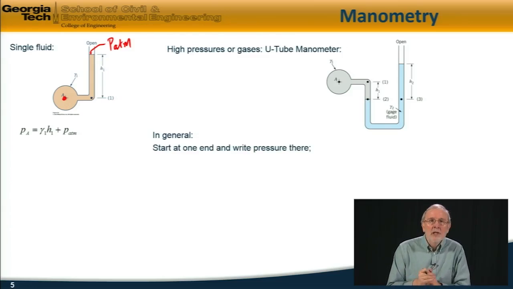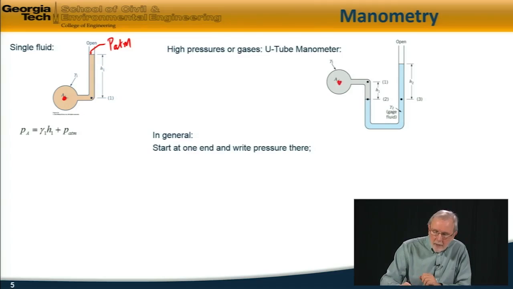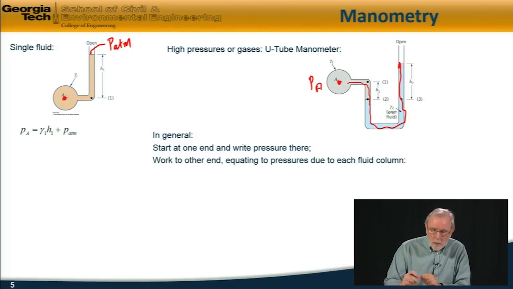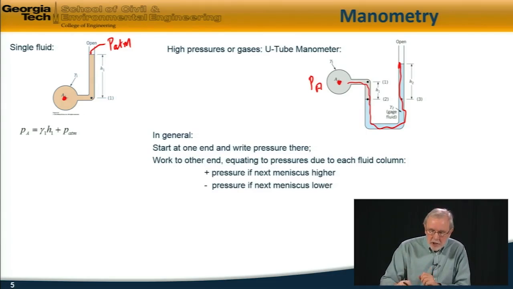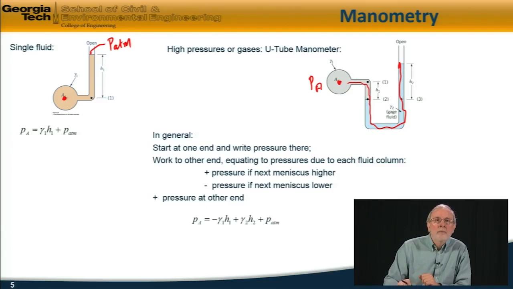The suggestion is this: start at one end and write the pressure there, for example, in this case, PA, and then work your way through all of these different fluids to the other end, where we equate the pressures due to each fluid column, and we add the pressure if the next meniscus is higher, subtract the pressure if the next meniscus is lower, and then finally add the pressure at the other end. If you follow these simple rules, you can solve any complex manometer problem.